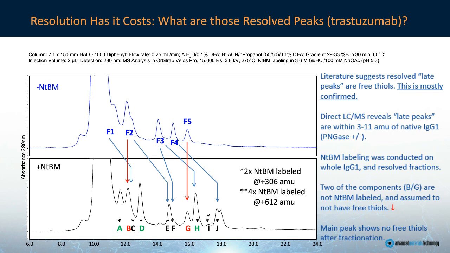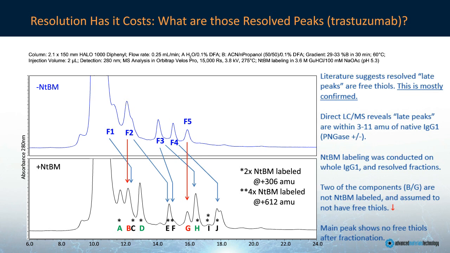The LCMS does reveal that the late peaks are within 3 to 11 AMU of the native IgG, and the labeling was conducted on the whole IgG and the resolved fractions, which enabled us to do some of the retention identification and deconvolution of these materials. The B and G, labeled in red, we were able to identify as not shifting in retention and having similar deconvolution results.